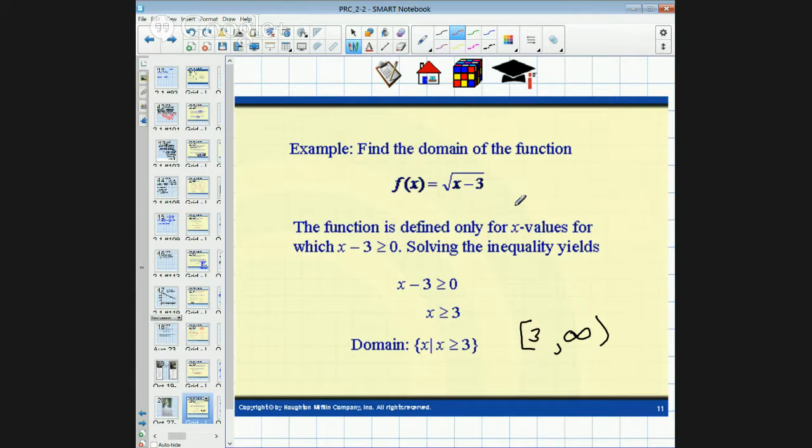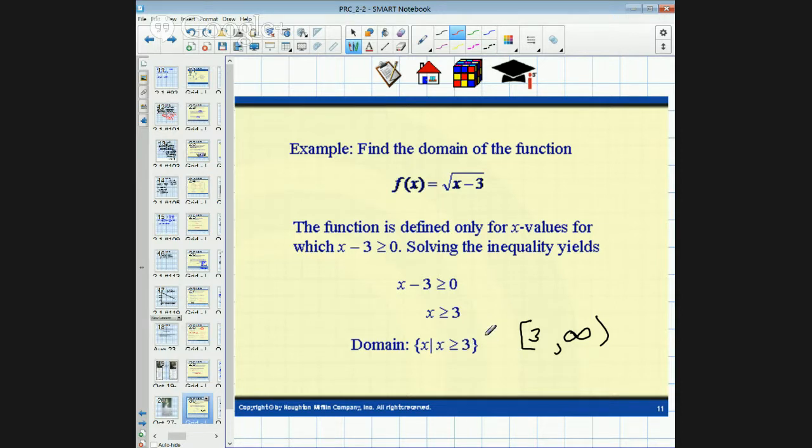So what's going to work and what's not going to work? Well, let's find out. Let's take that thing underneath the root and find out when it's 0 or above. And you can see, any number 3 or above is going to make that come out legal.